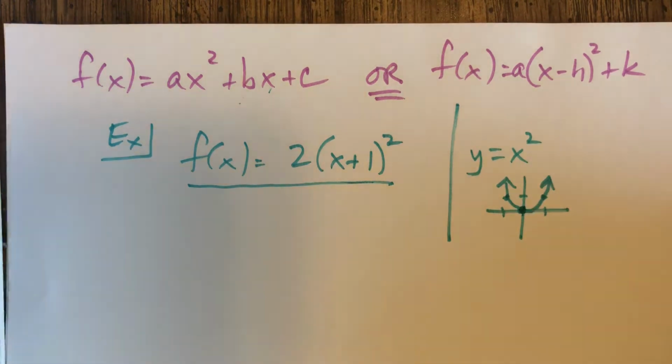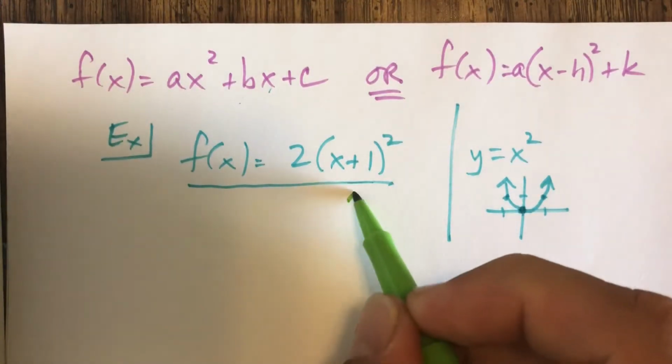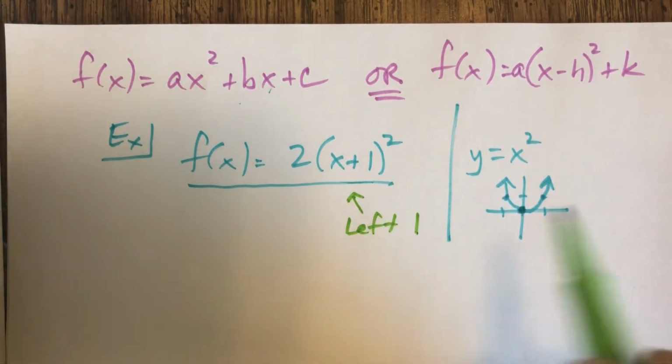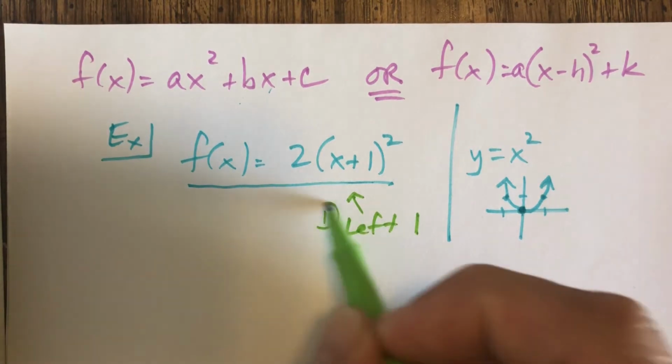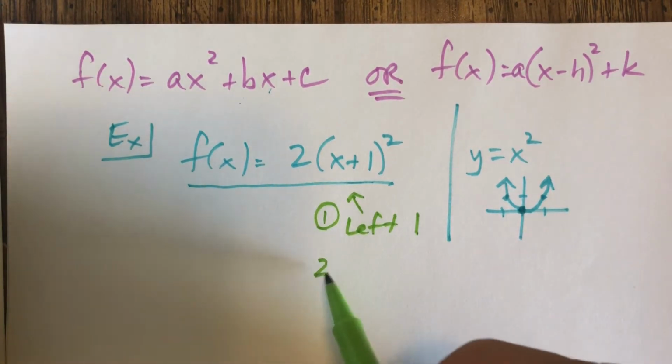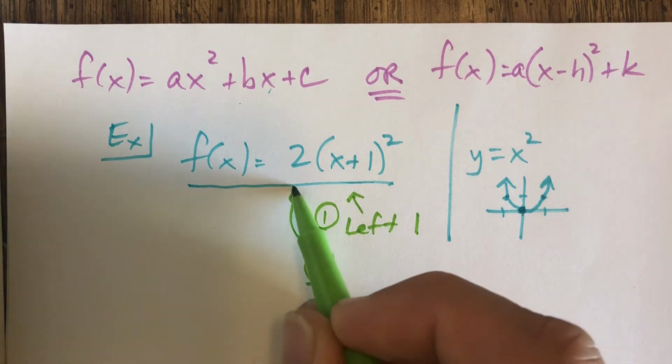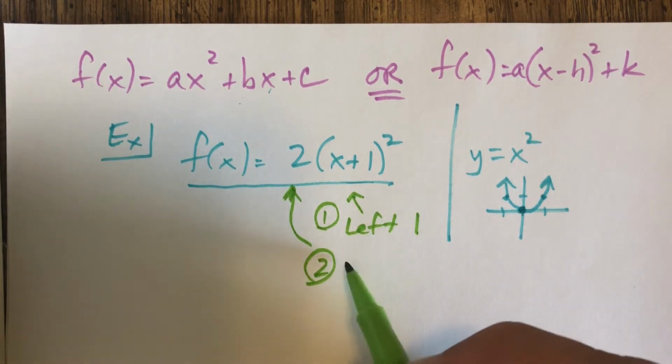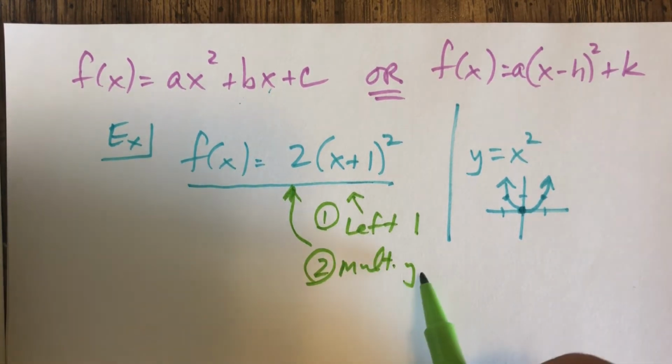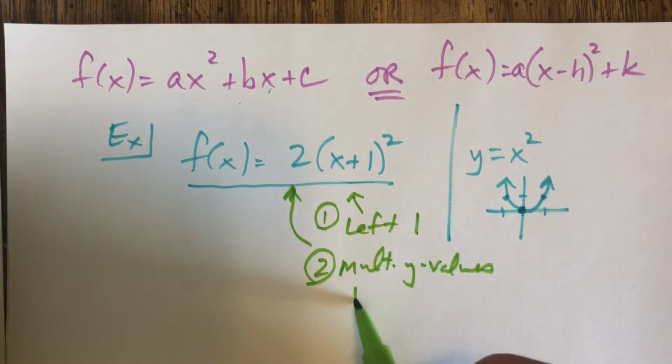So we're going to go left 1. That's going to be our first step, and then our second step is we're going to multiply the y values by 2.